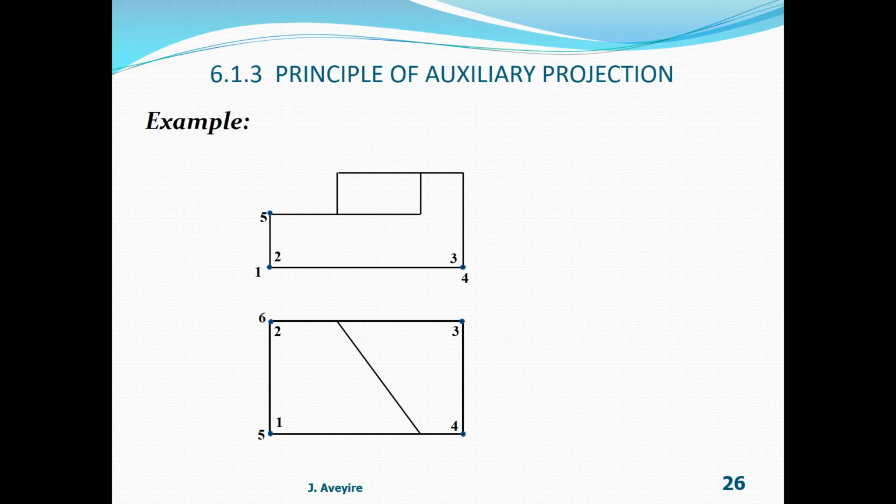Then point 6, which is at the same height of 5 on top of 2, on the top view is going to be visible, therefore out of the box, but is behind the back. So it will not be seen in the front view, therefore within. 7. 7 is a point which coincides.